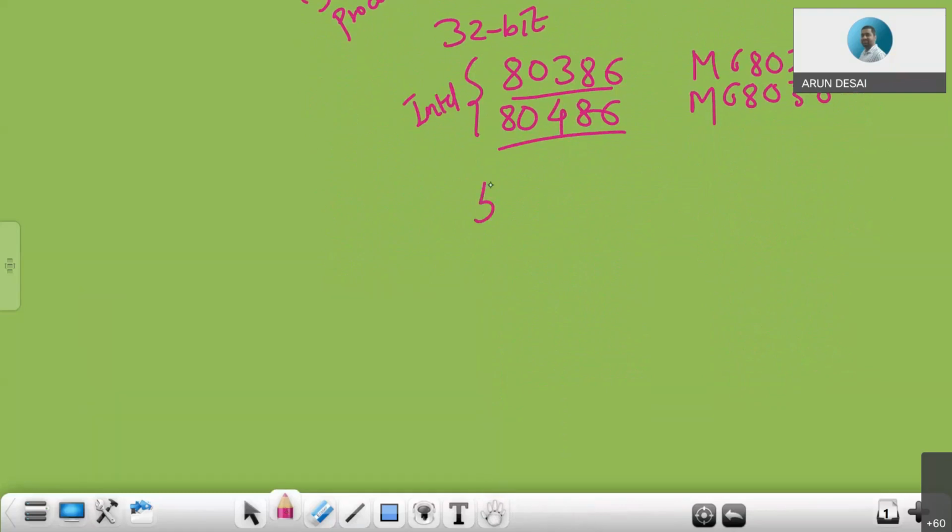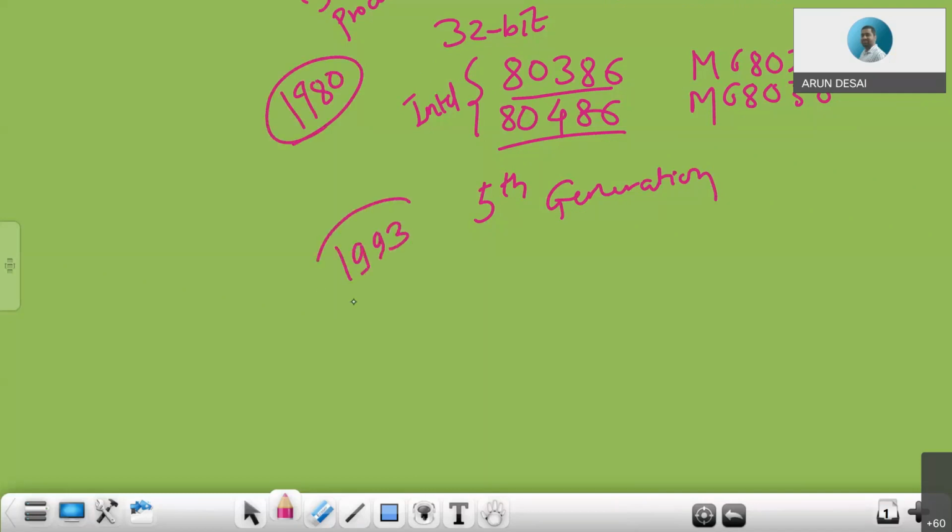And in fifth generation, which is... fourth generation was there in 1980, right? And fifth generation, they came up with in 1993, right?